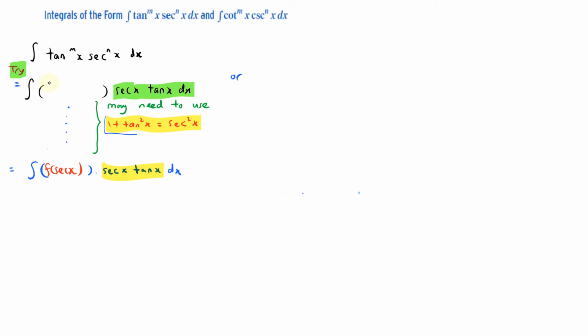This formula, our Trigo identity, is used to simplify what is inside the bracket to become a function of secant x. The idea is function, that means it can be secant square x plus secant x, or can be secant cube x.